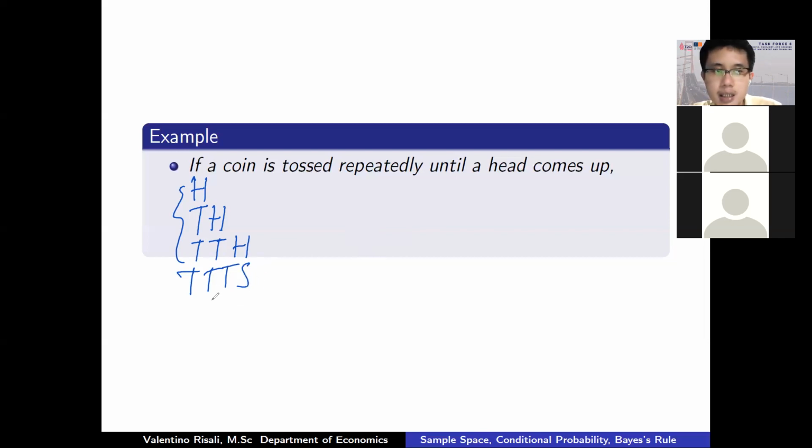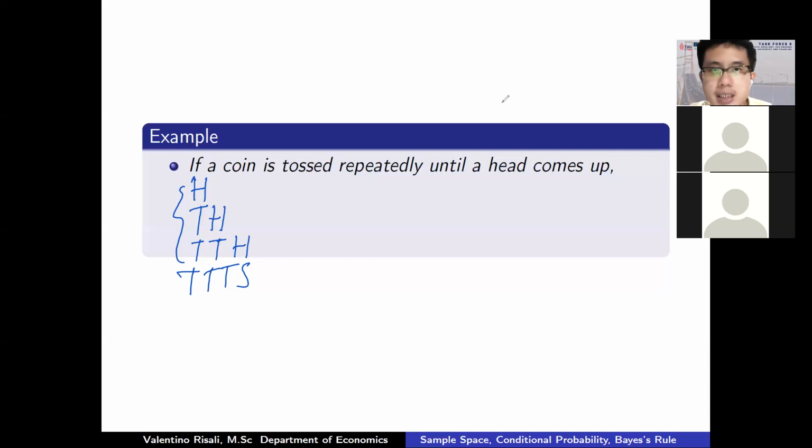Is there any additional element, Owen? Can we produce this? I think it can go on as long as possible. It's infinite, right? Yes, it is infinitely many. As long as we get tail, we must toss again and again until we get a head.